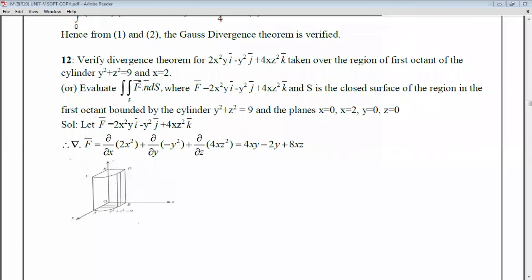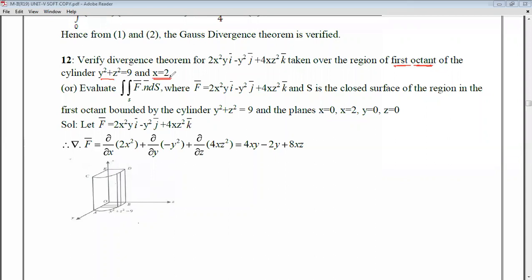So verify the divergence theorem for 2x square y i minus y square z j plus 4x z square k taken over the region of the first octant of the cylinder y square plus z square is equal to 9 and x is equal to 2.